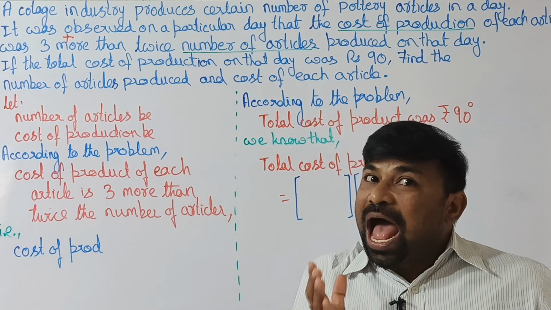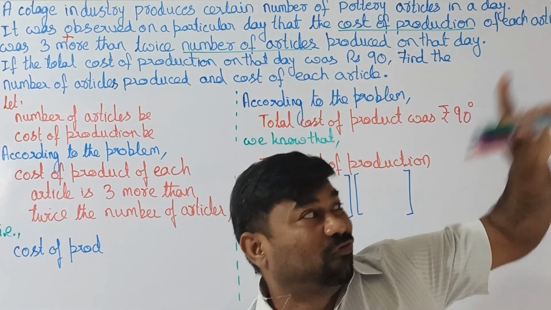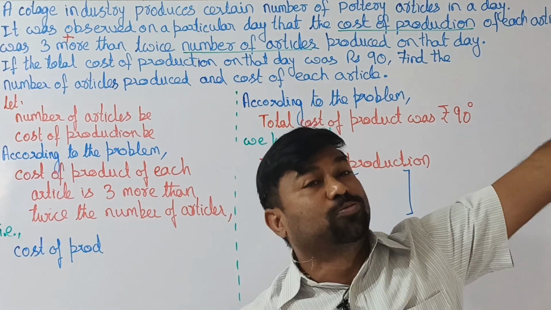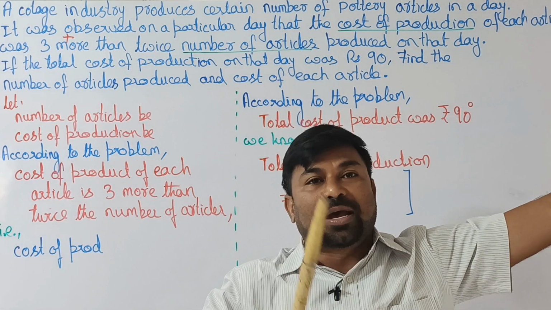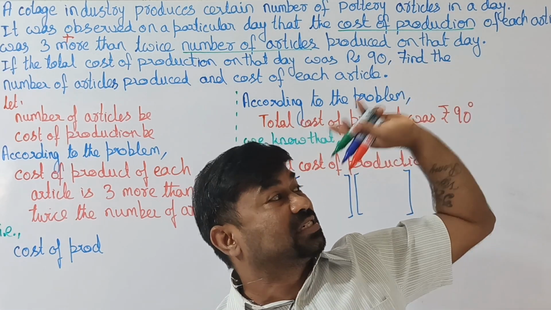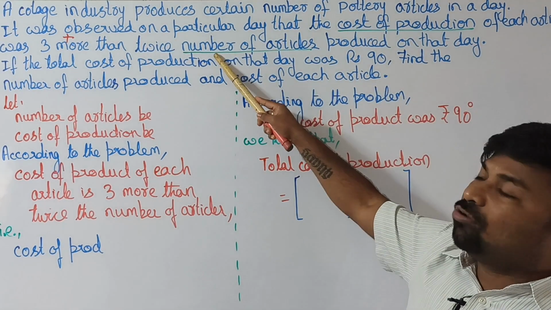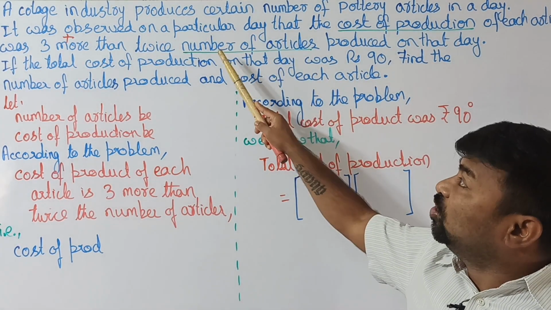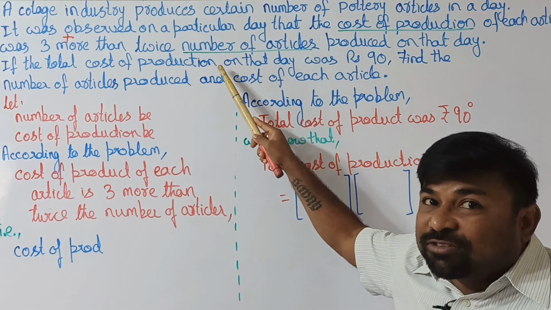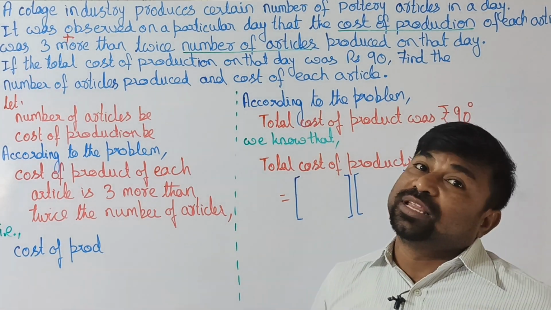Cost of production is compared to the number of articles. Please remember, as I have been telling in all my videos, the one to which comparison is done should be taken as x, and the one which is compared should be taken as y. Cost is compared to the number of articles. Therefore, take the number of articles as the first variable, x, and the cost as the second variable, y.